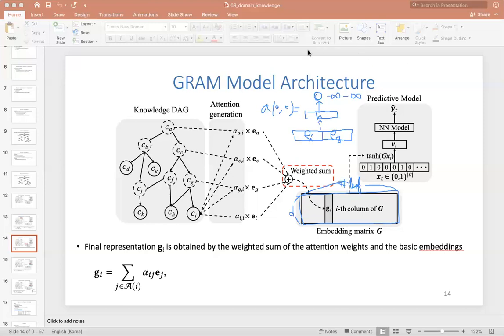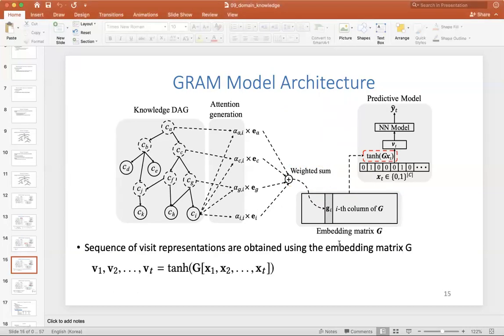All right, so let's clear out everything. As I said, you do this to weight something using the attention function for all the leaf nodes and then construct the embedding matrix G. And then you use this G embedding matrix to represent your visit vector.